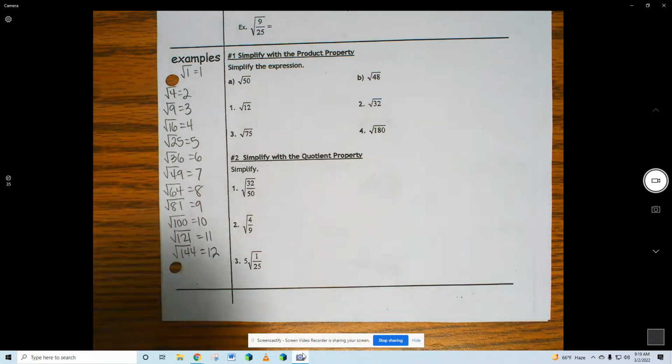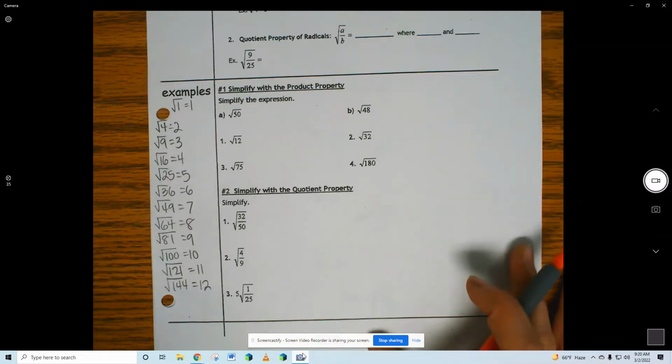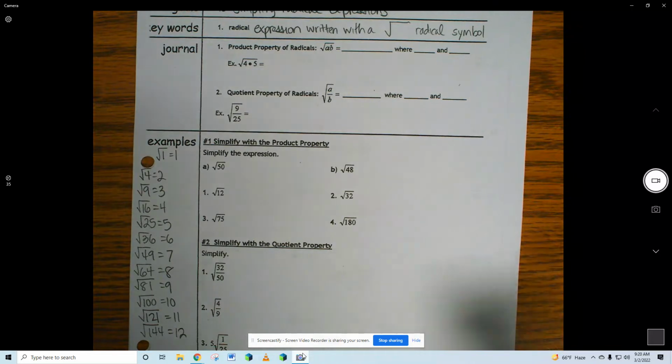We've already taken a quiz on this. It comes up again and again. So, in the journal section, product property of radicals.